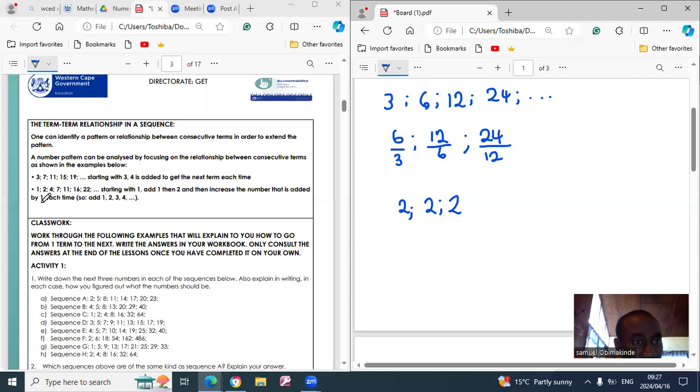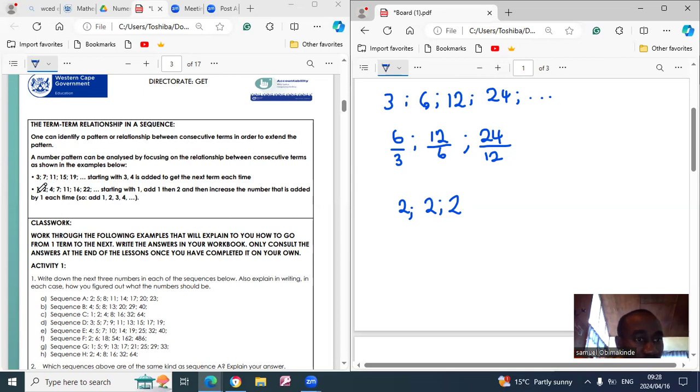And let's look at this. We have 1, 2, 4, 7, then we have 11, 16, and 22. So here, they are adding 1, 2, 3, right? So you are adding the next number in order to get the next term.